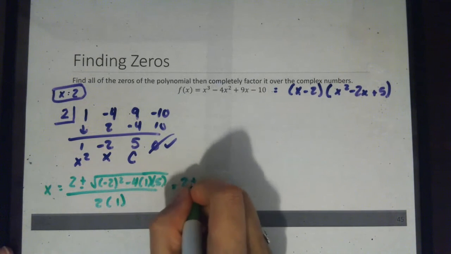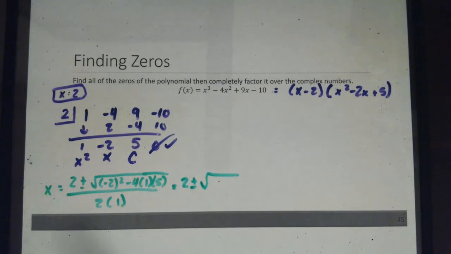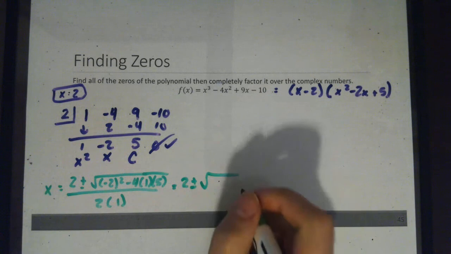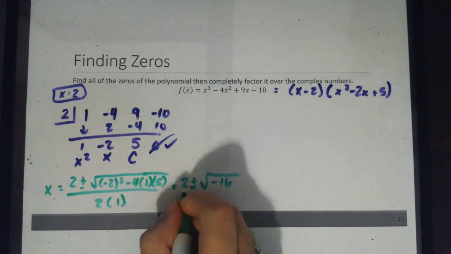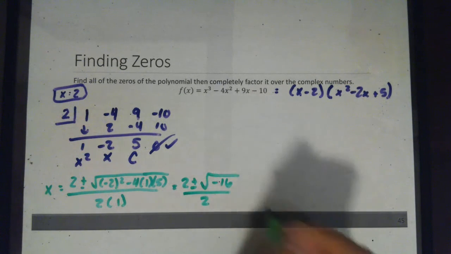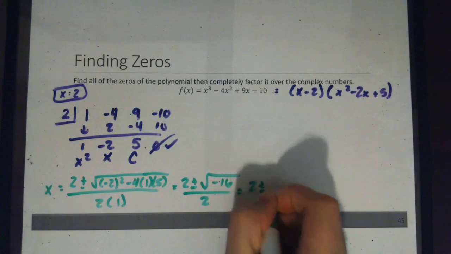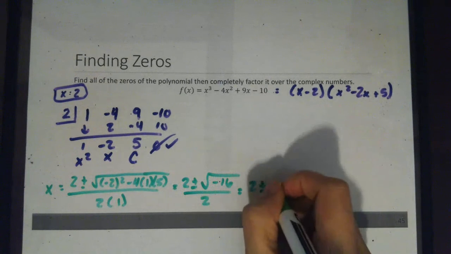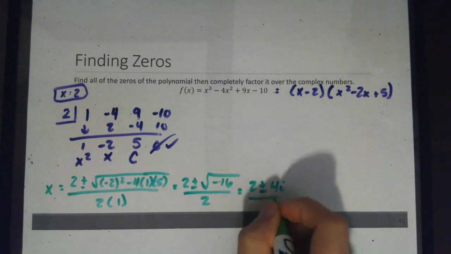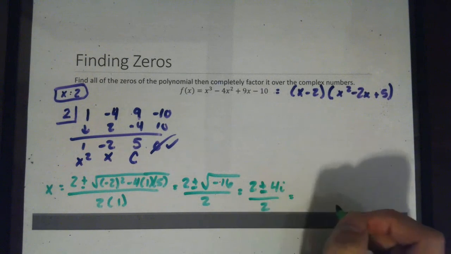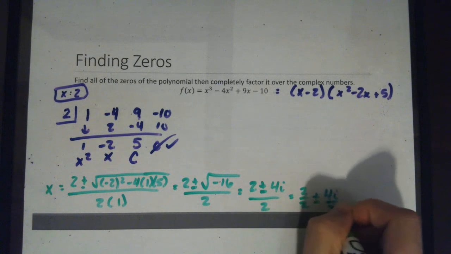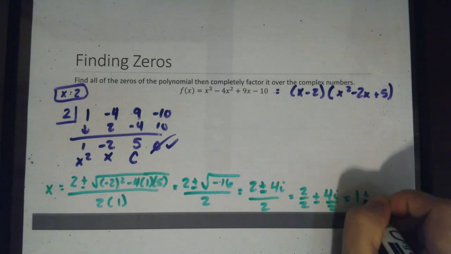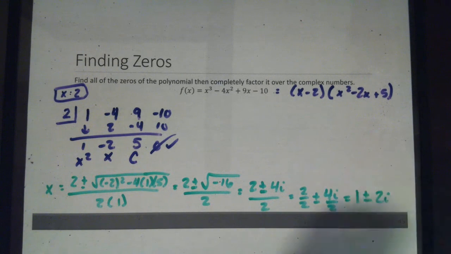So that's going to be 2 plus or minus the square root of 4 minus 20, which is going to be negative 4. Oh, sorry, negative 16. I was getting ahead of myself. All over 2. The square root of negative 16 is 4i. If I break it up, that's 2 over 2 plus or minus 4i over 2, which is 1 plus or minus 2i.